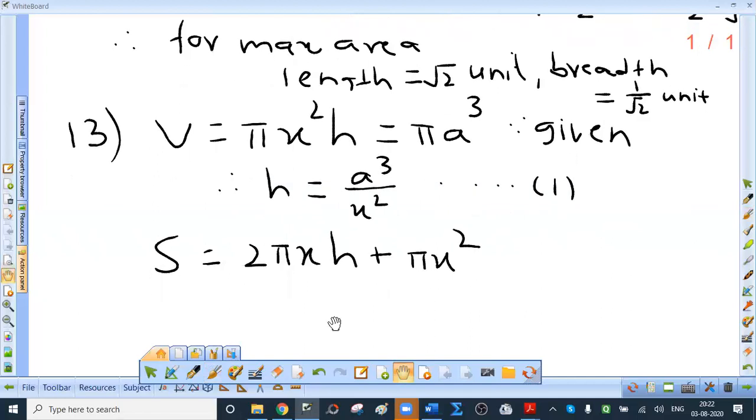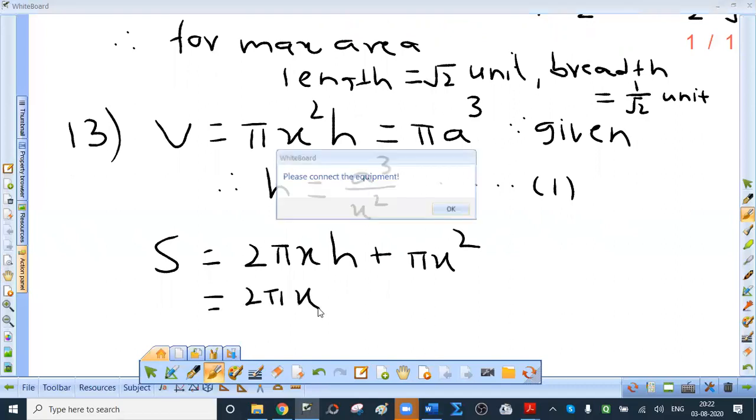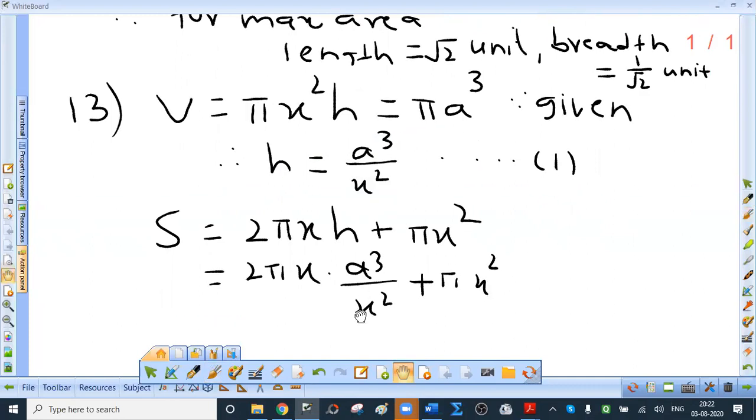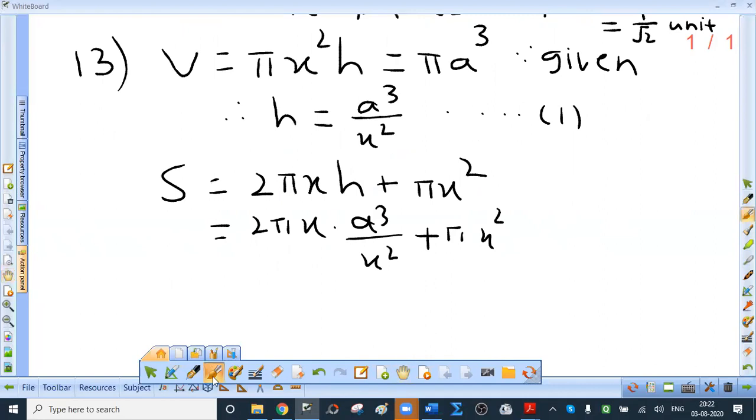Now we have decided that we will eliminate h. So tell me in the next step what will you write? Twice pi x into a cube upon x square plus pi x square. So this is nothing but in the next step I simplify this further to get what?